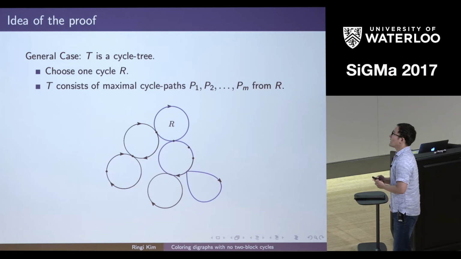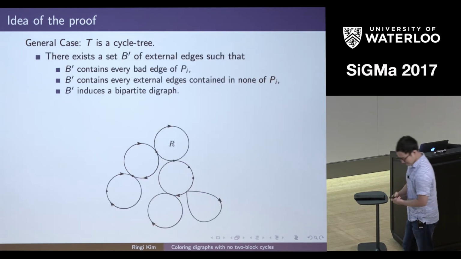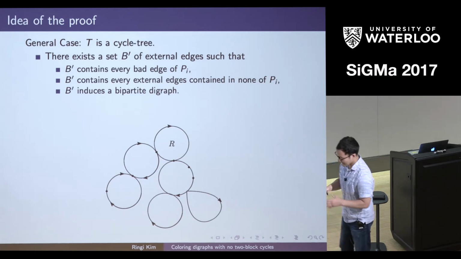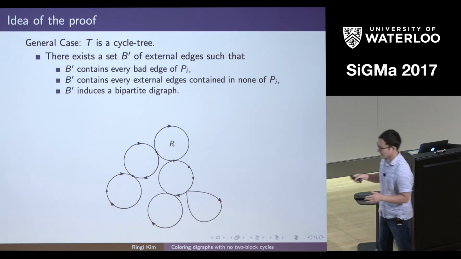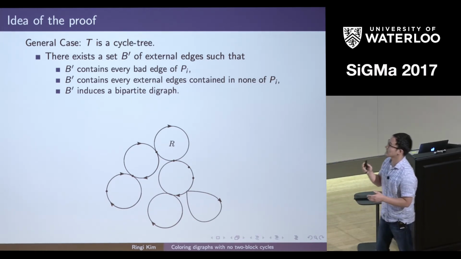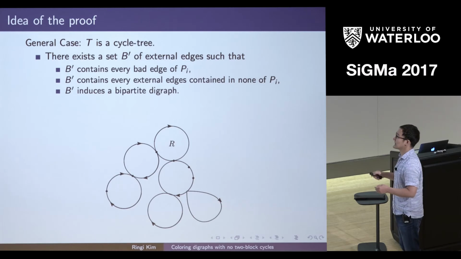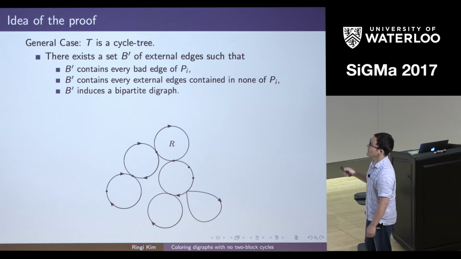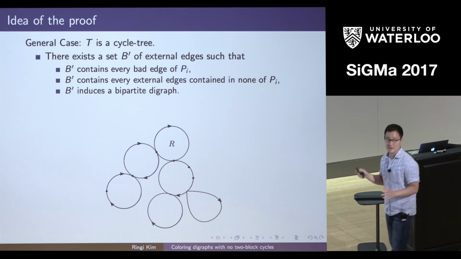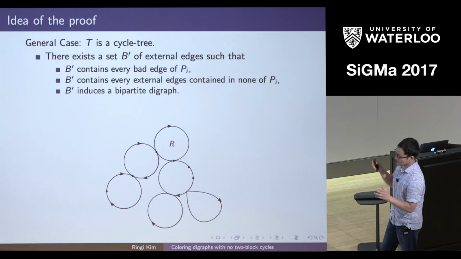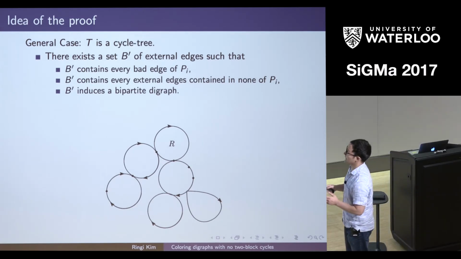And then we were able to extend the concept of bad edges. So actually we were able to find a set B prime of external edges of D, such that the most important thing is this: B prime induces a bipartite digraph.